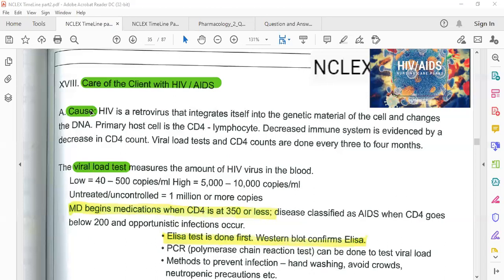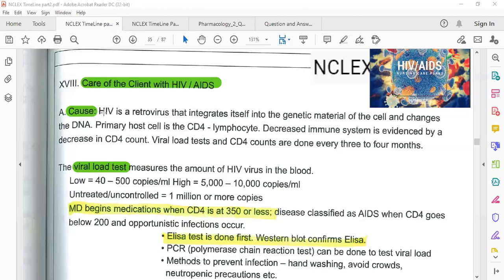Perinatal exposure means all pregnant women should be tested. If the mother is infected, the baby has a chance to be positive. It is called perinatal exposure. Or if the patient uses IV drugs. Even healthcare workers are at high risk.